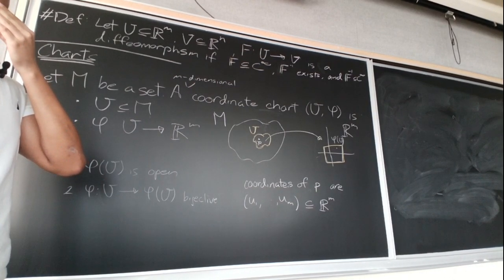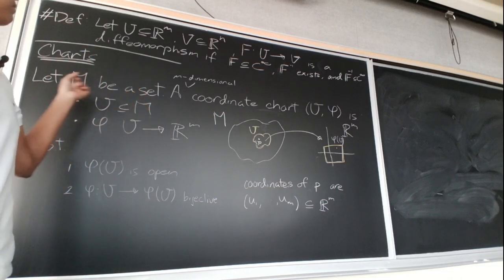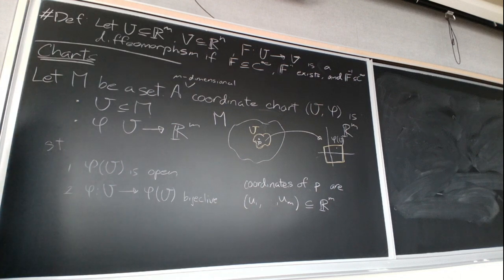Okay, so what is the chart as an object? It's not just a set. It's a tuple. A tuple of what?